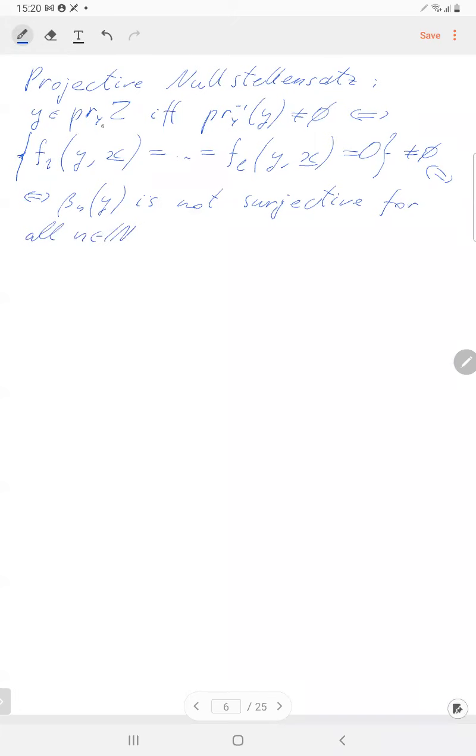Okay, and then again, by definition, it means that y lies in the intersection of all those E sub n over all positive integers, and we're done.